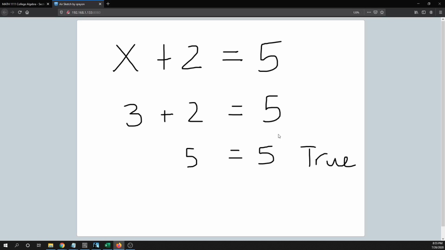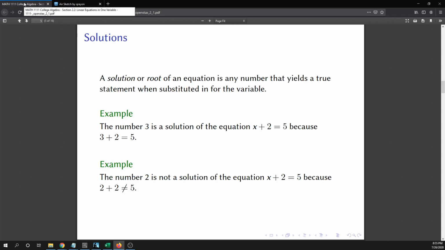So when you plug a number in for the variable x, you'll get a statement, and you can decide whether that statement is true or false. If it's true, like in this case, then that number we plugged in is a solution. So we would say here that 3 is a solution of this equation x plus 2 equals 5. Okay. All right, let's take a look at the next one.